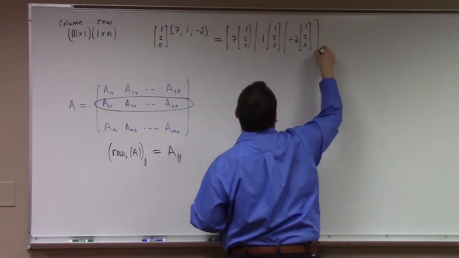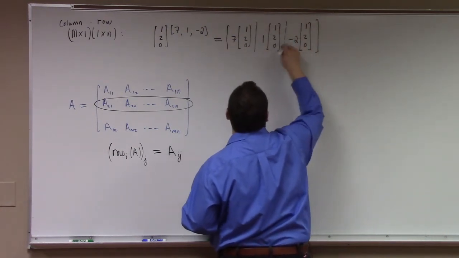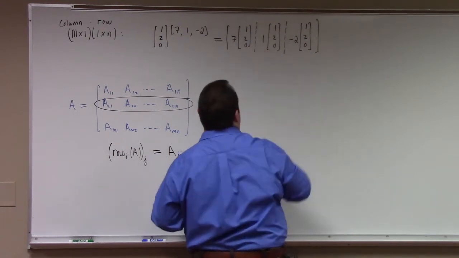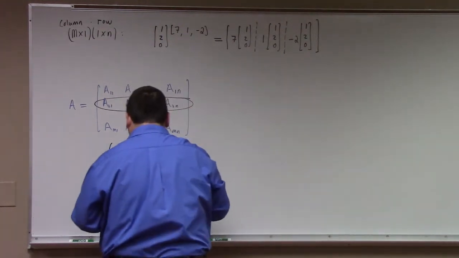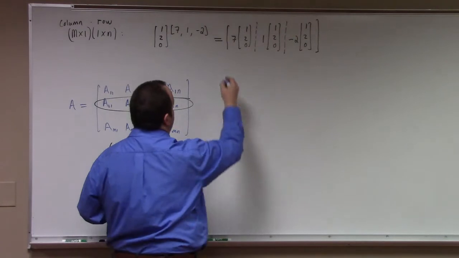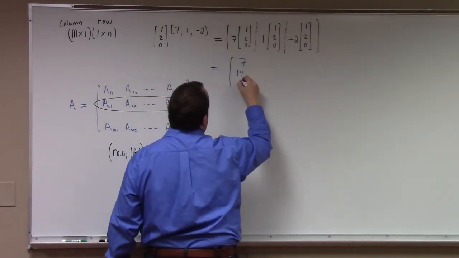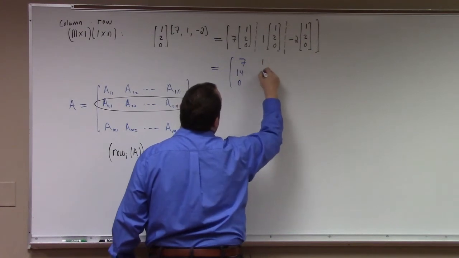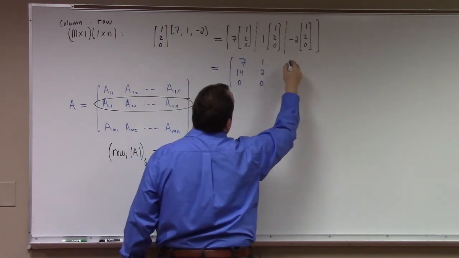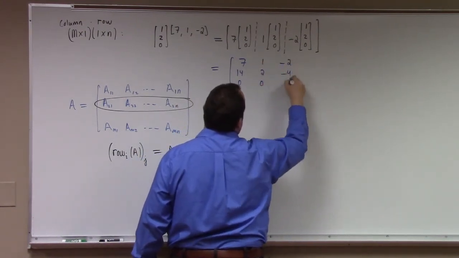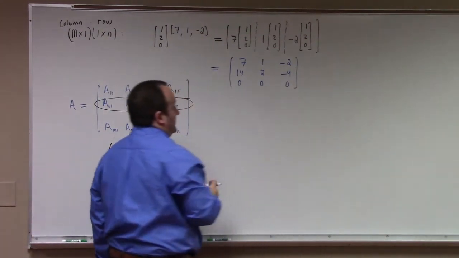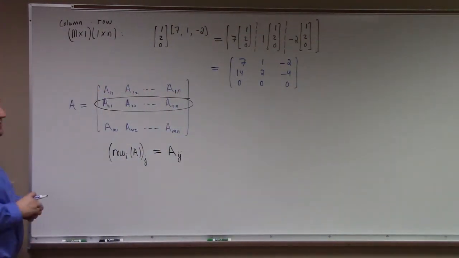Let me make the concatenation lines dotted so that you can see the contrast of black on black. Specifically, this matrix is 7, 14, 0, 1, 2, 0, minus 2, minus 4, 0. So you can take a column times a row and make a matrix like this.